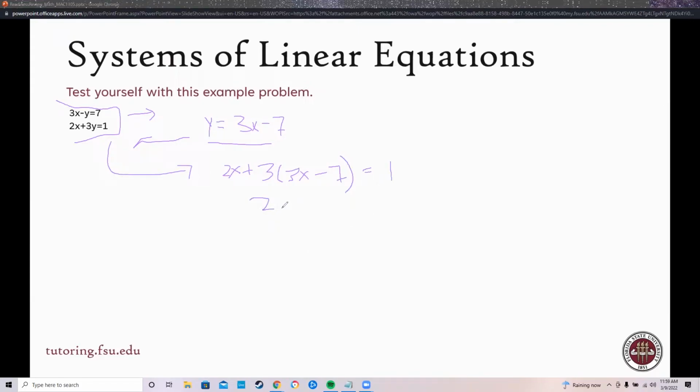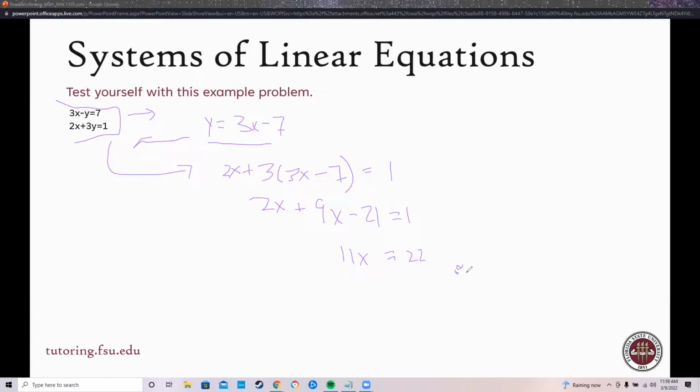Now I have 2x plus 9x minus 21 is equal to 1. So now this is 11x is equal to 22.